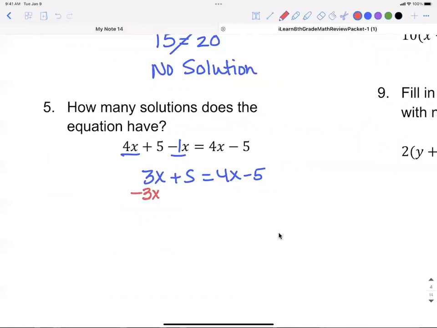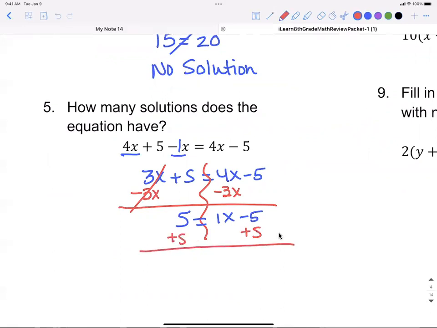If I pull my x's off of this side, whatever I do to one side, I got to do to the other. That gives me 5 equals 1x minus 5. And if I add 5 to both sides to get all my whole numbers together on one side of the equation, I'm left with 1x or just x, and 5 plus 5 is 10.